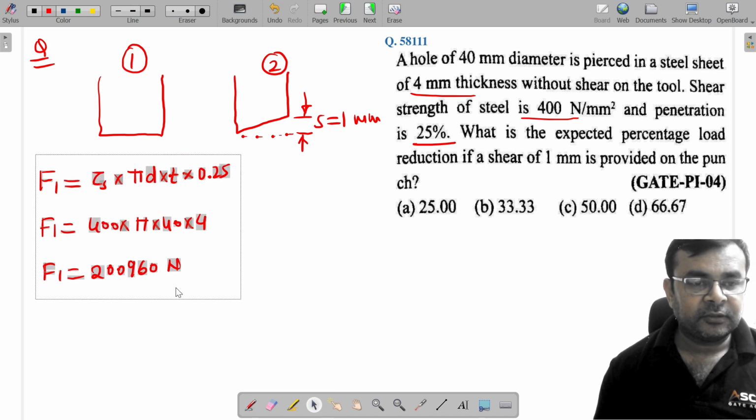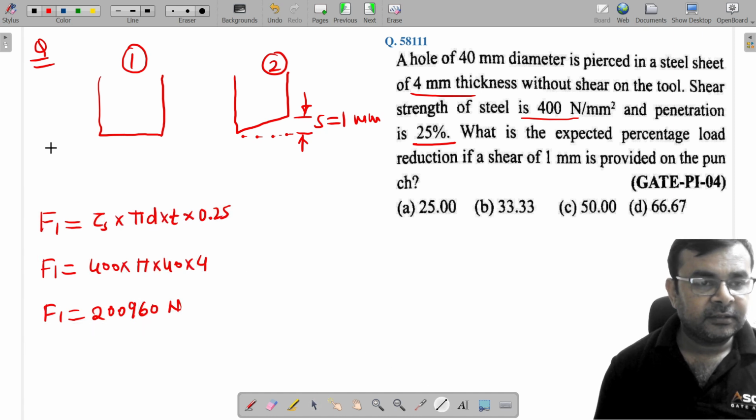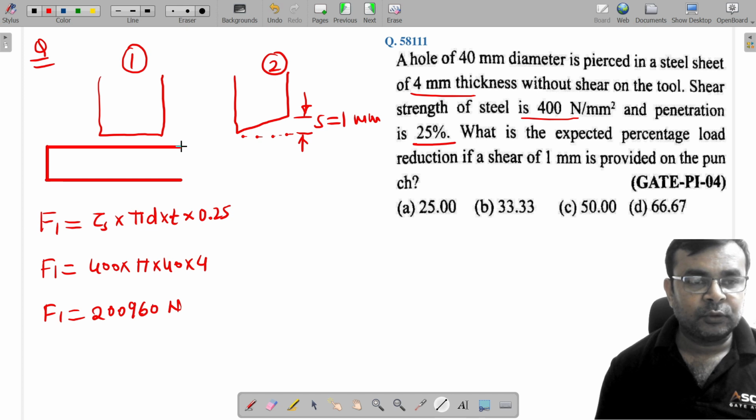What do you mean by this? If you have a sheet like this and you need to cut a hole from it whose thickness is 4 mm, how much shear is actually required? T is 4 mm. When your tool penetrates up to 25% of the thickness only, up to this height, the complete shearing action takes place.